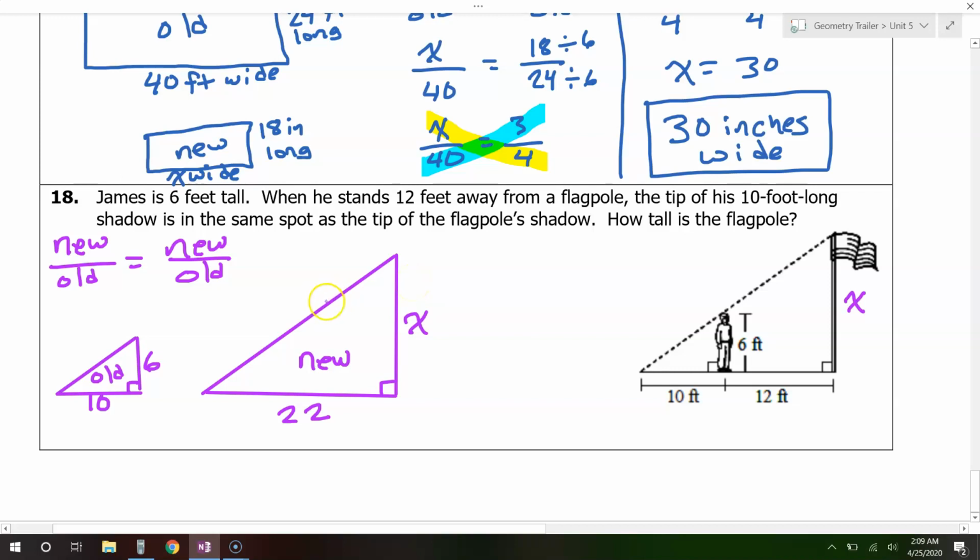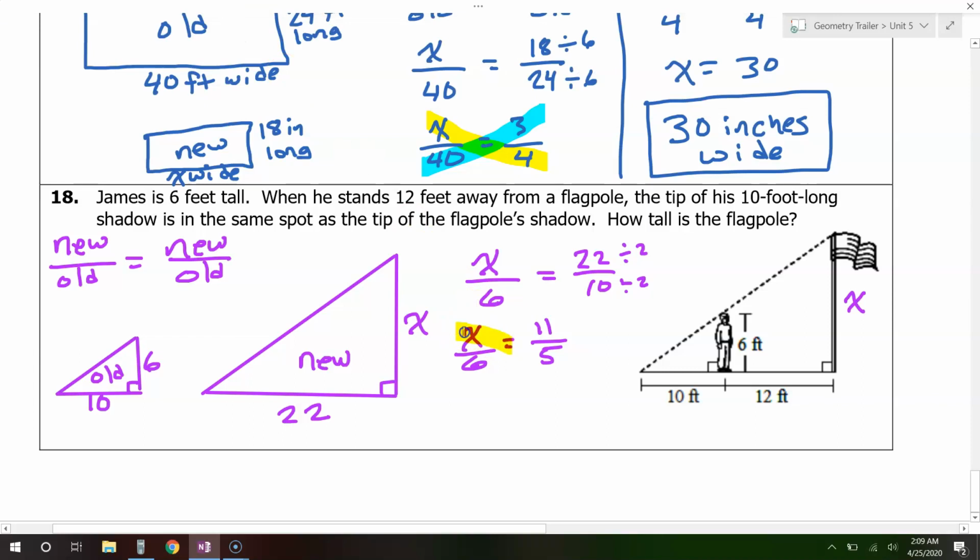So new over old will be x over 6 is equal to new over old, which is 22 over 10. Both of these are divisible by 2, so that's going to give me x over 6 is equal to 11 over 5.